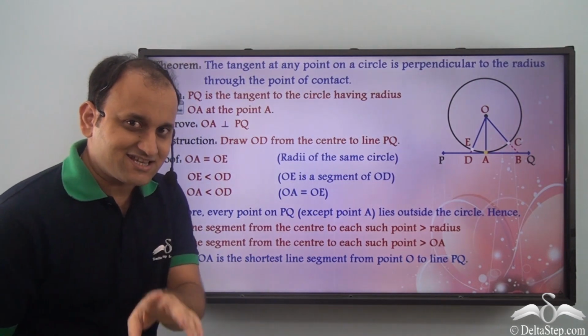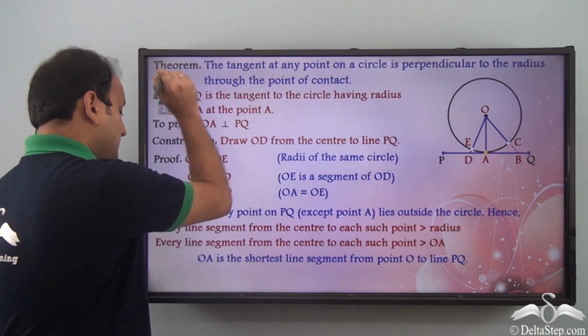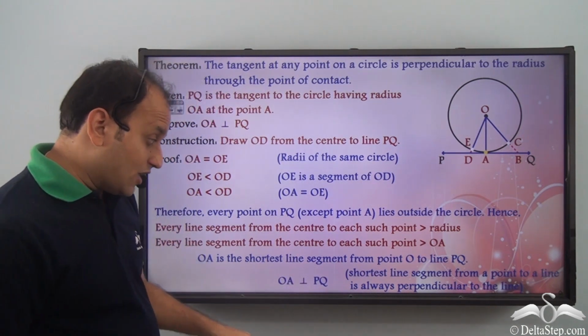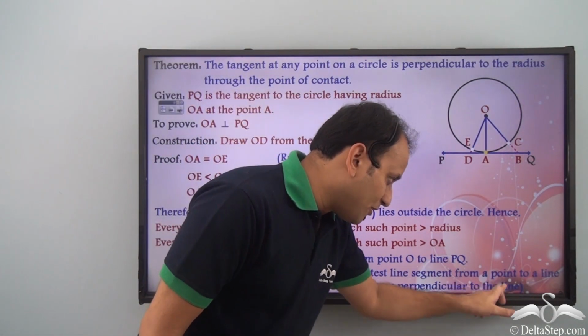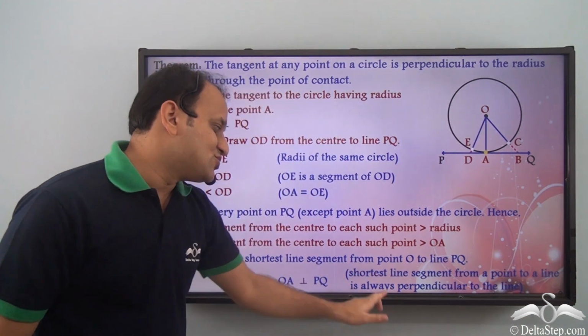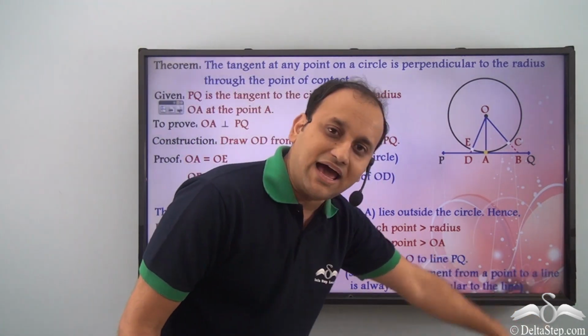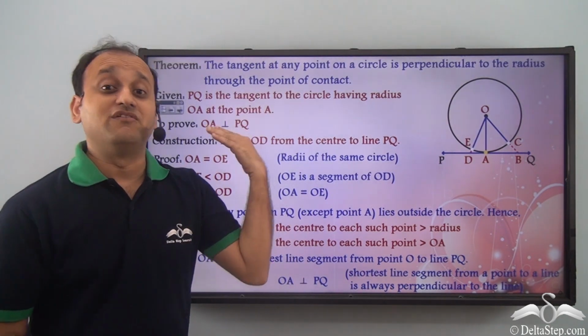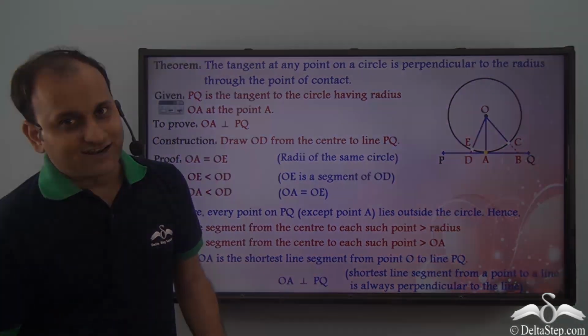And from this, we conclude that OA is perpendicular to PQ, because the shortest line segment from a point to a line is always perpendicular to the line. So perpendicular is always the shortest distance between a point and a line.